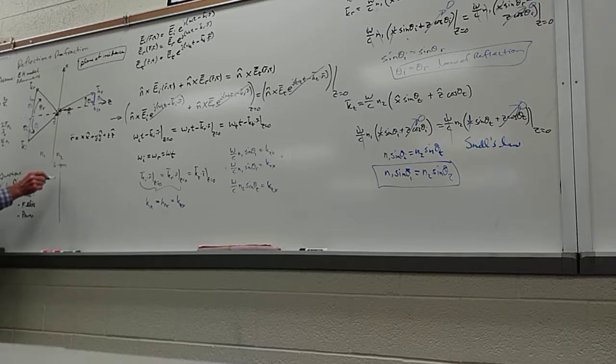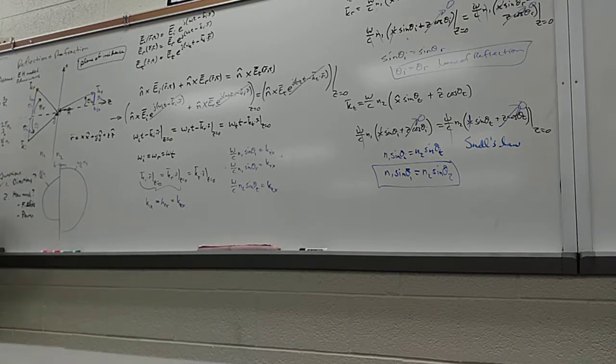Then on the left-hand side, I can draw all possible wave vectors that could be incident on this interface as just a circle. And the radius of the circle is just omega over c times n1. That's the radius of the circle. And on the right-hand side, I could similarly draw all possible wave vector states, and the radius of that half circle is going to be omega over c times n2. All right?